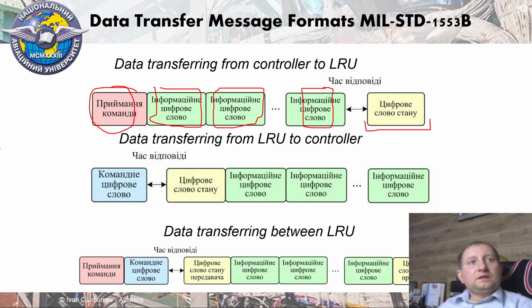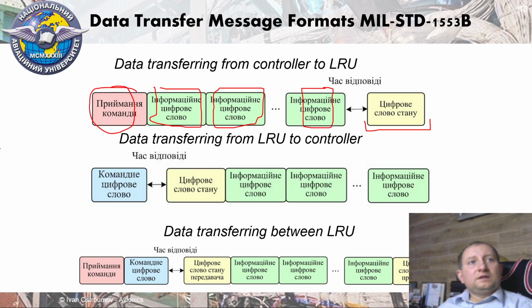If you would like to transfer the data from LRU to controller, in this case, first of all, the controller has to send a control word about this transmission. Then LRU needs to specify its status to be ready for data transmission. And after that, this LRU will send a sequence of data words.